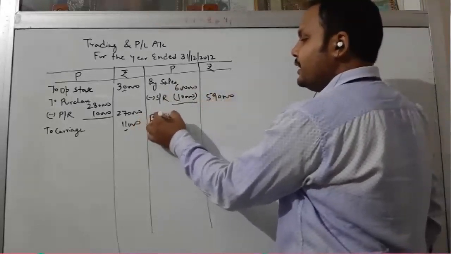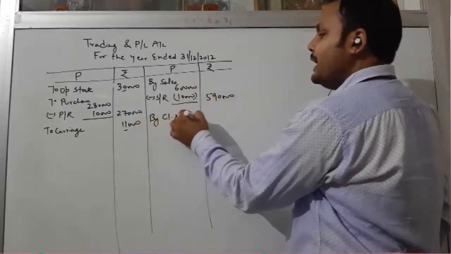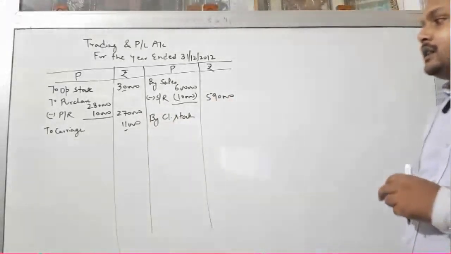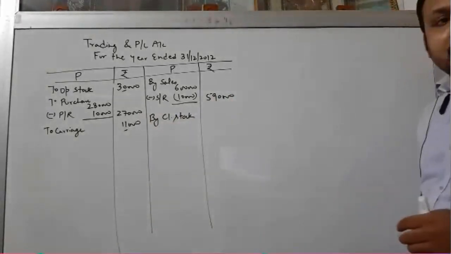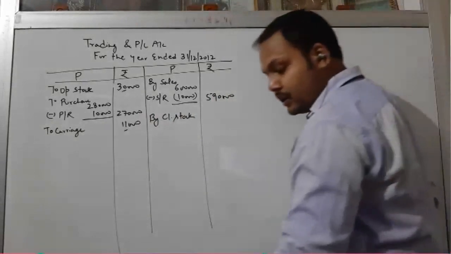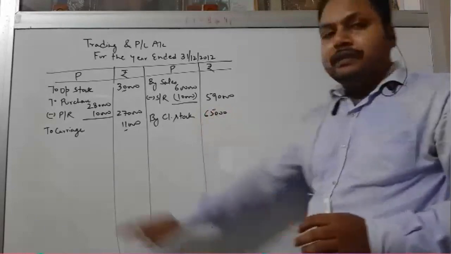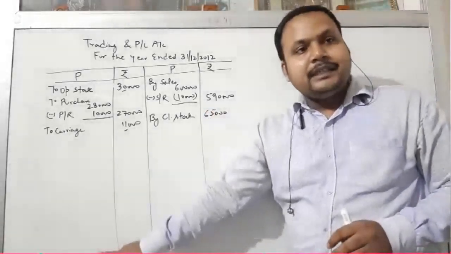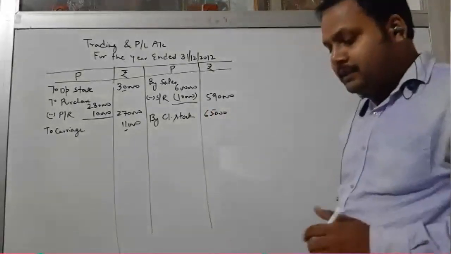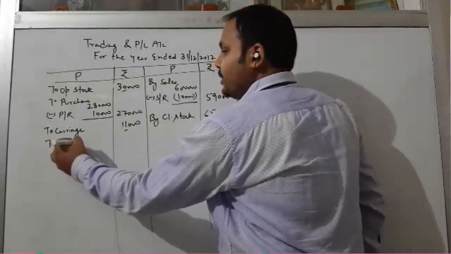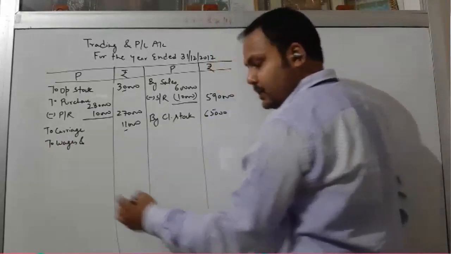And you know very well, stock at the end, which is also known as the closing stock, will be written down in the credit side of the trading and profit and loss account. So closing stock according to adjustment number 1 is 65,000. And thereafter we write down all the direct expenses in the debit side of the trading account. So the first direct expense is the carriage, and the second direct expense is the wages and salaries, 62,000.